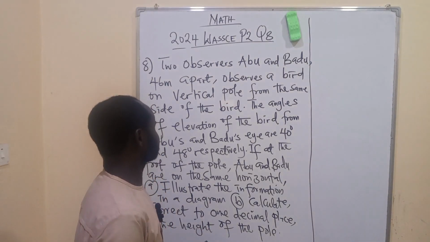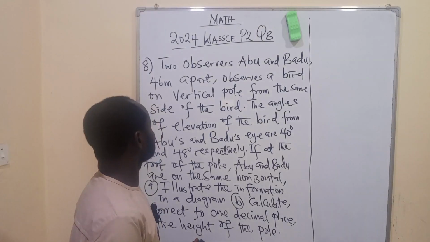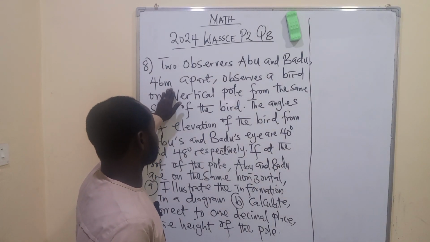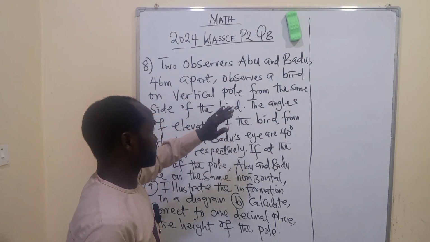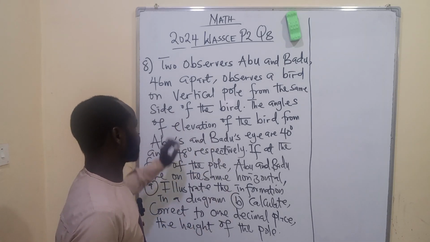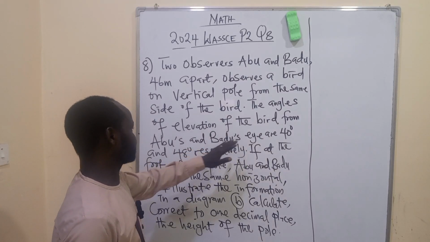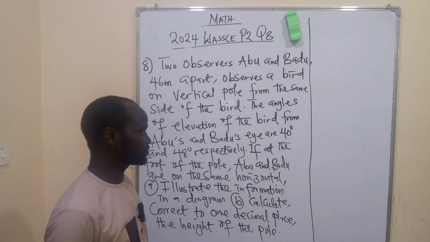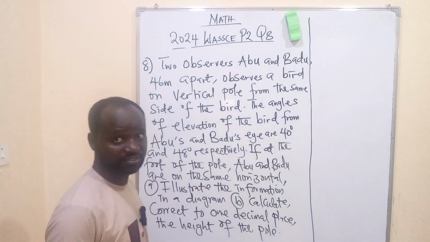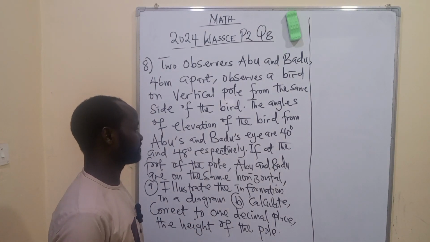The question reads: two observers, Abu and Badu, 46 meters apart, observe a bird on a vertical pole from the same side of the pole. The angles of elevation of the bird from Abu's and Badu's eyes are 40 degrees and 48 degrees respectively.